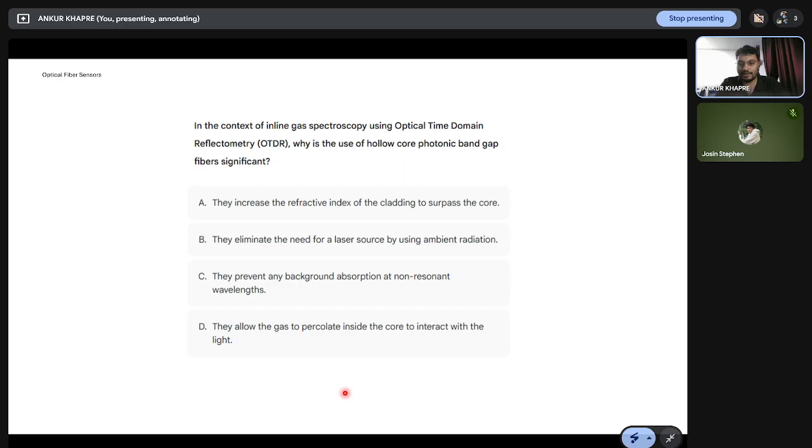B, they eliminate the need for a laser source by using ambient radiation. C, they prevent any background absorption at non-resonant wavelengths. D, they allow the gas to percolate inside the core to interact with the light.